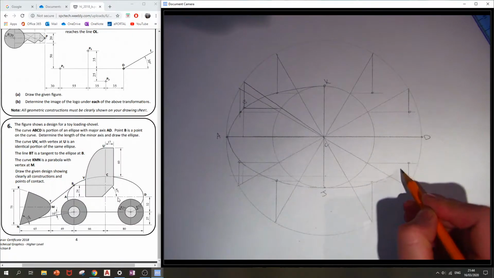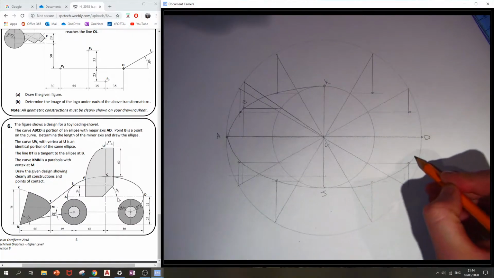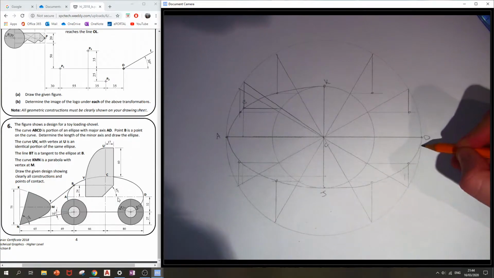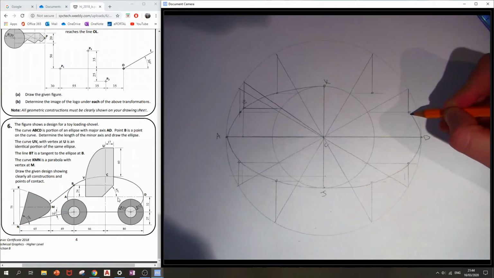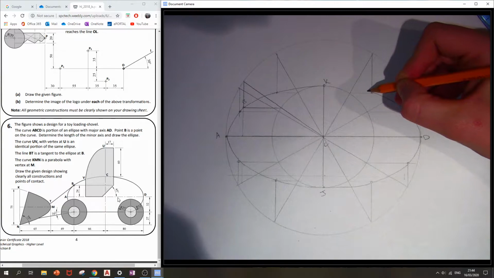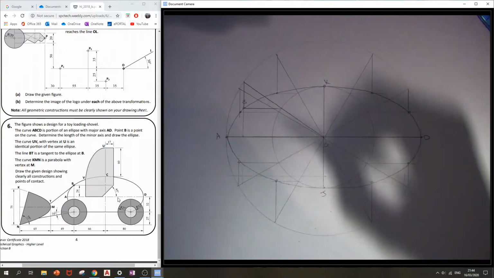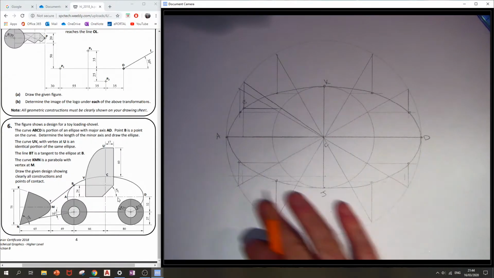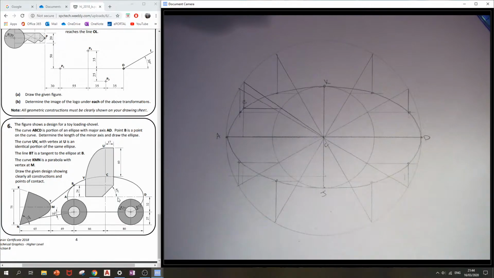And whatever way you find it easy, if you find it easier to turn the page around, or if you want to stand up around your drawing when you're doing it, by all means do. Okay, and now we're going to have our ellipse drawn in. Okay, so that's the first part of the question complete.